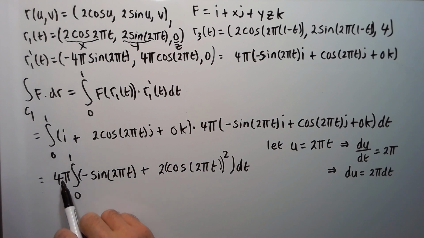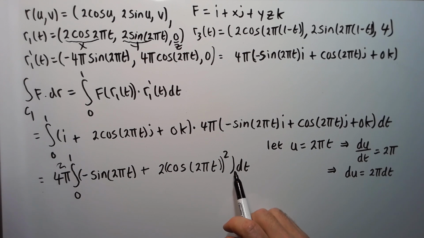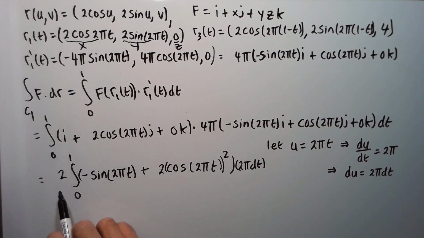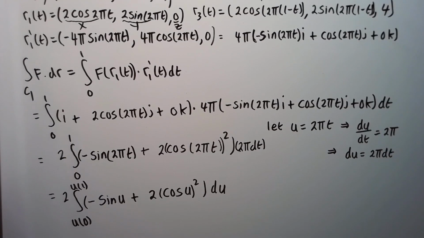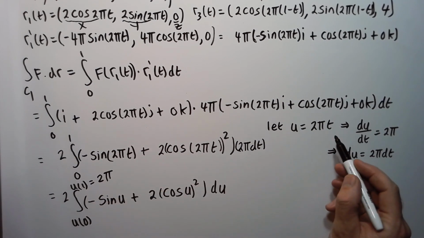In particular, I'm just going to leave a 2 outside there and bring a 2 pi and put it beside the dt just to make it easier here. Okay, so I've done that. So I have a 2 pi here and a 2 outside there. It's still 4 pi. So making the u substitution then, we get this. And then at t equal to 1, u would be 2 pi up here. At t equal to 0, u would be 0.